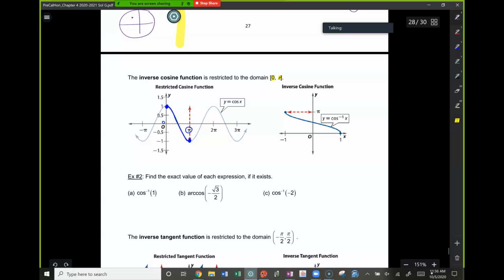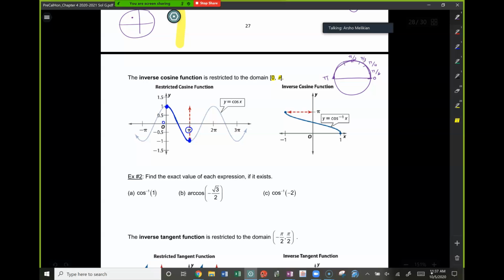So when I draw the unit circle, I want the values from 0 to pi. What angles exist in that space? Pi over 2, and then this is pi over 6, pi over 4, pi over 3, and so on.